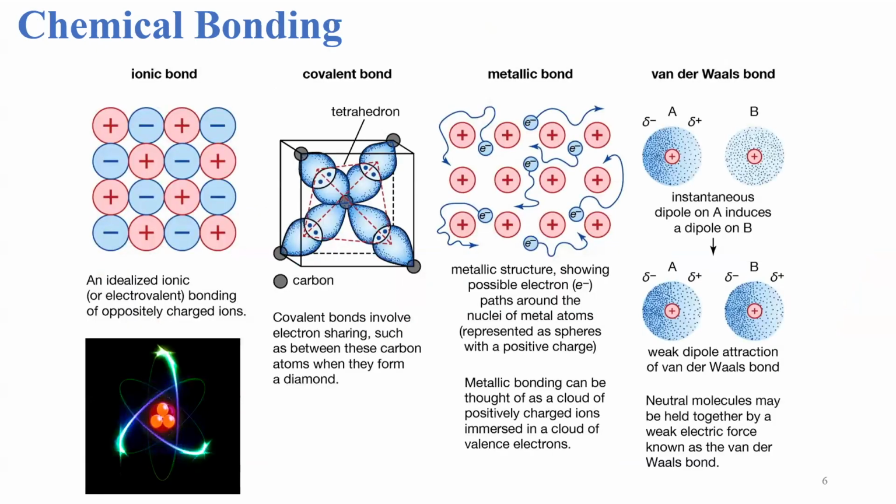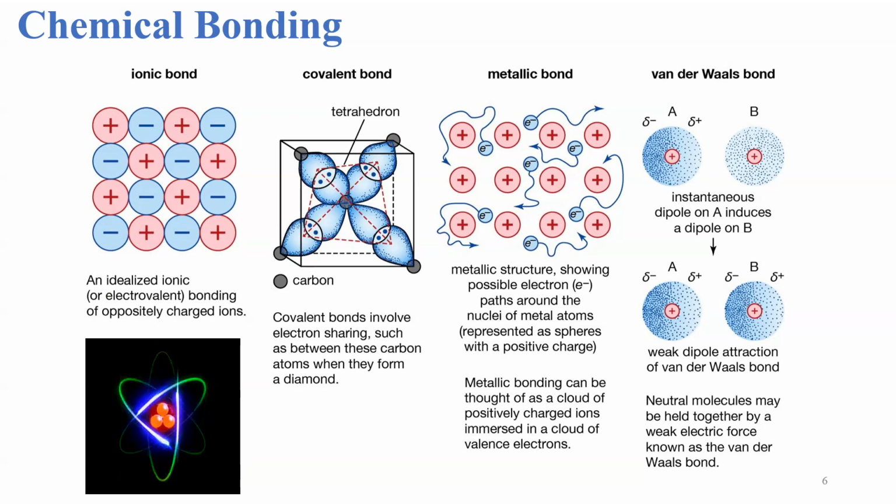What makes them special and distinguished from each other is the different bonding environment. There are different types of bonding, such as ionic bonding, an idealized bonding of oppositely charged ions, such as sodium chloride. There is covalent bonding, such as the sharing of electrons in carbon.